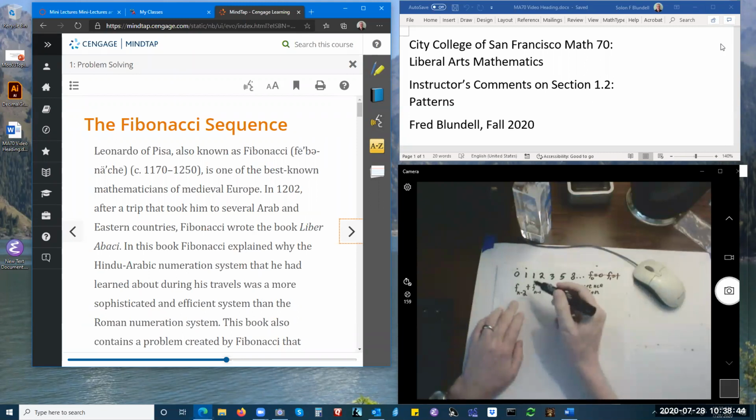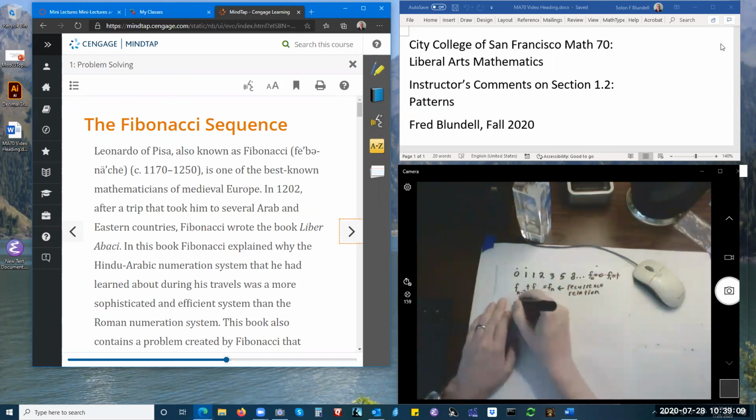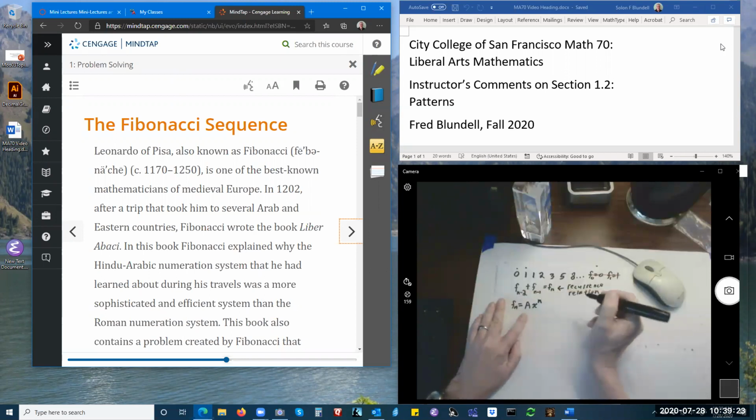Now, the question is, if we just ignore the starting point, can we come up with a formula, a way to generate a bunch of numbers that would satisfy this recurrence relation? And here's the idea. Maybe Fn could be some constant a times another constant, x to the nth power.